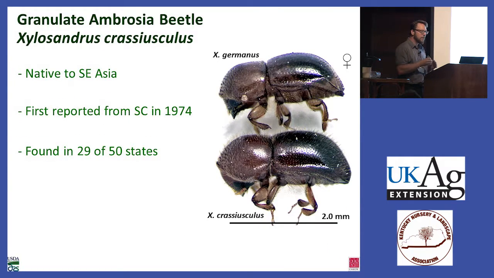The other species that people will encounter is the granulate ambrosia beetle, which is also native to Southeast Asia, first reported from peach trees in South Carolina in 1974, and is now found in 29 of 50 states. Xylosandrus crassiusculus is a little bit larger than germanus.